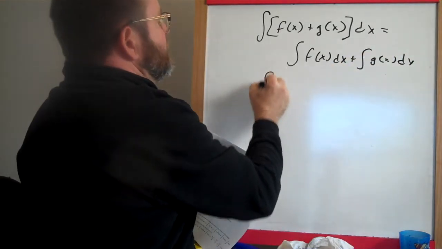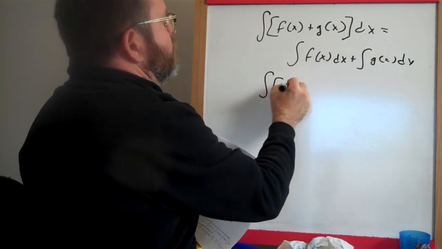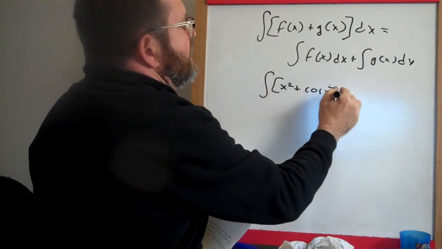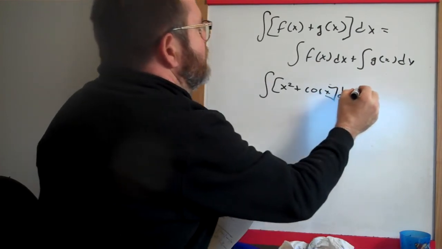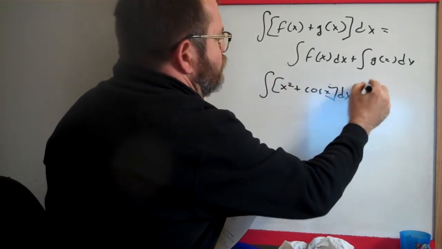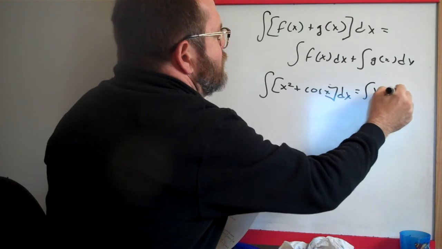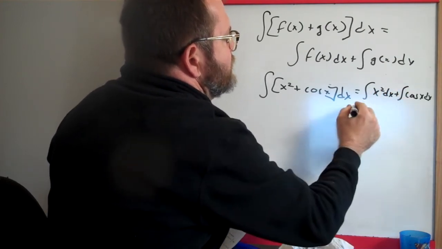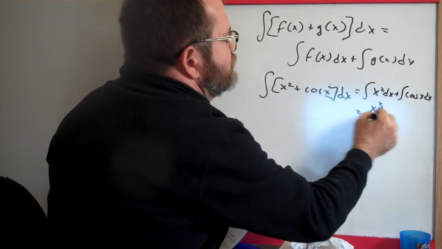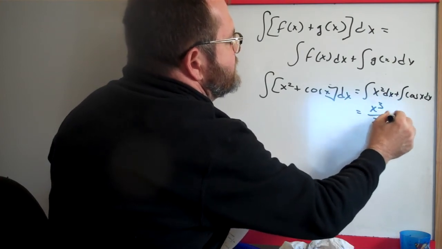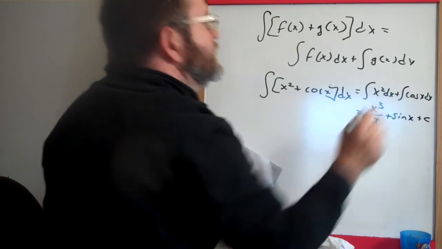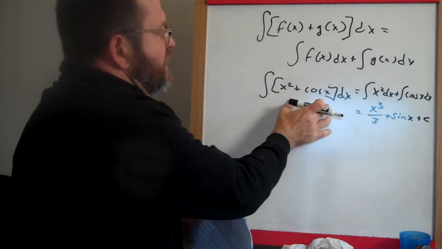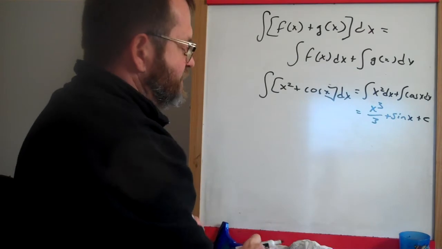In other words, if I have the integral of x squared plus cosine x dx, that would be the integral of this first one plus the integral of the second one, both of which we know. That would be x cubed over 3 plus sine x plus c. So the integral of a sum is just the integral of the pieces of the sum.